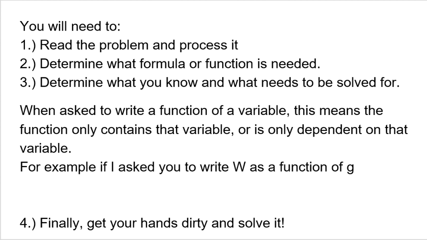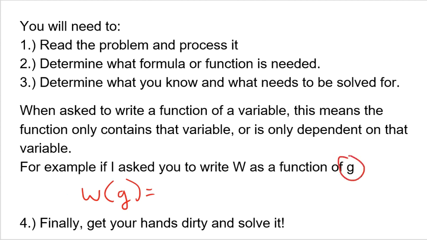So for example, if I would ask you to write w as a function of g, that means we're trying to write a formula for w in terms of g. So we're writing a function w. Or, I'm sorry, I wrote f there. It should be w, right? So basically, we're finding a function w that contains g. So that's w as a function of g.